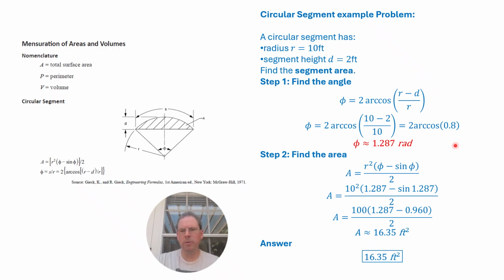So we get that. And to do this calculation on your calculator, you have to have it in radians once again, the way it's set up. And then for the area, you're going to use this other equation, put in the terms, and make sure it's in radians again. You get 16.35 feet. And that's the area right above that here that we just calculated.